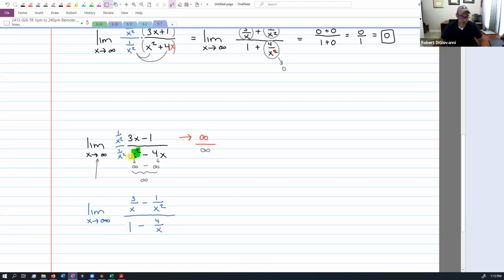Just distributing everything through, and I already simplified and cleaned everything up. And all the stuff that's fixed over x, all of those are going to vanish to 0. And so we should get 0 over 1 again, which is 0.